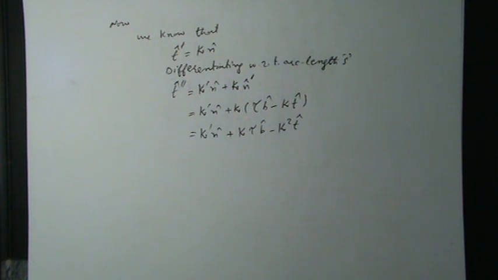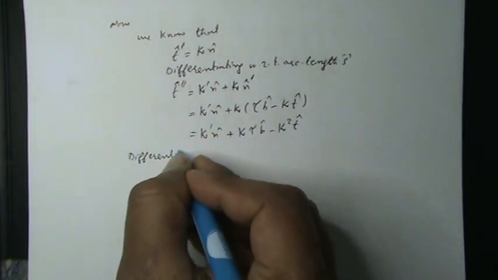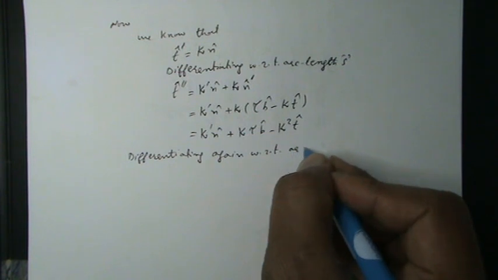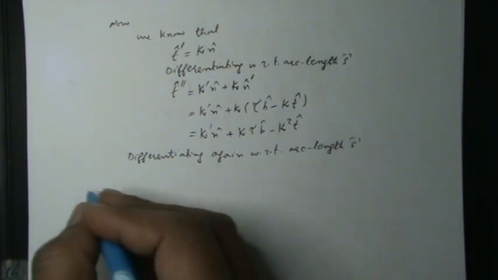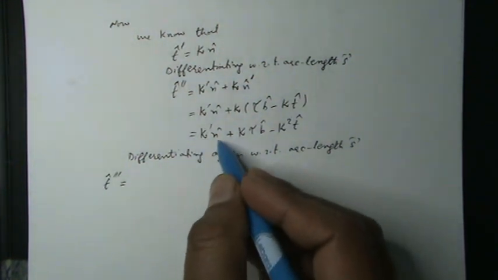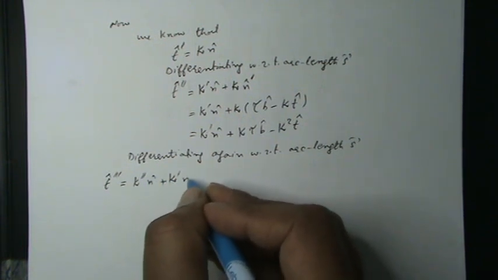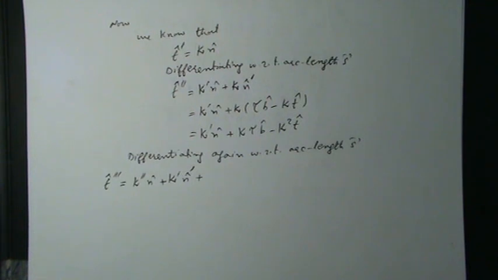Differentiating again with respect to arc length S, t unit vector third derivative, in u into v form, equal to kappa double derivative n unit vector plus kappa derivative n unit vector derivative plus 3 terms.